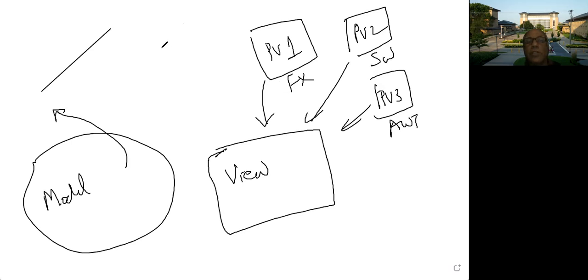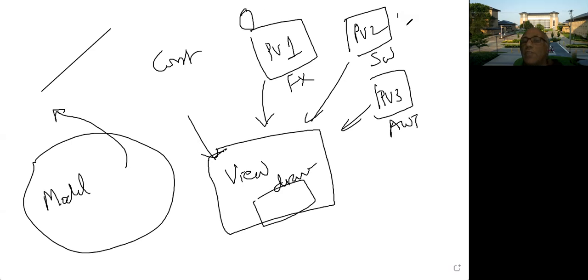So the controller told this view to draw. And what does the view do? It tells every one of them, look, it is time for you to draw if you want to. And what do these guys do? They all call back a draw method here. So there's a draw method here, and they supply their own renderers. The FX has its own renderer, the Swing has its own renderer, the AWT has its own renderer. Those renderers are passed.